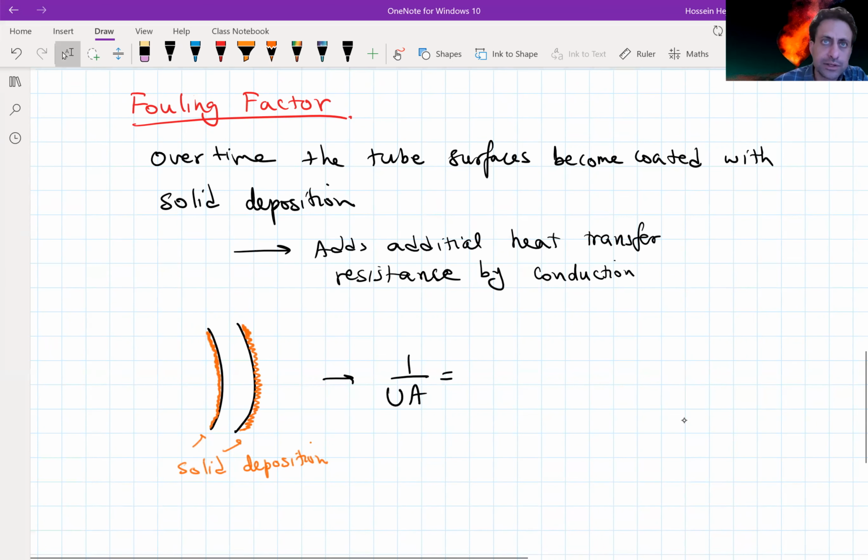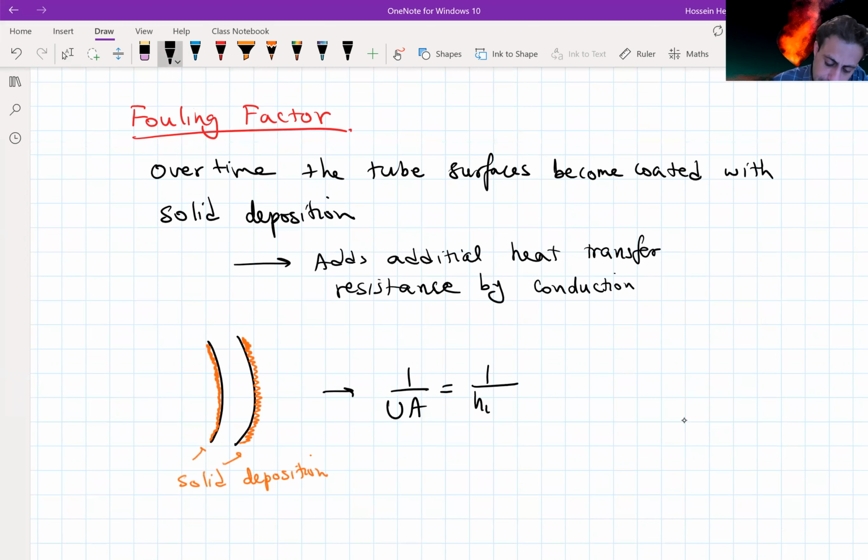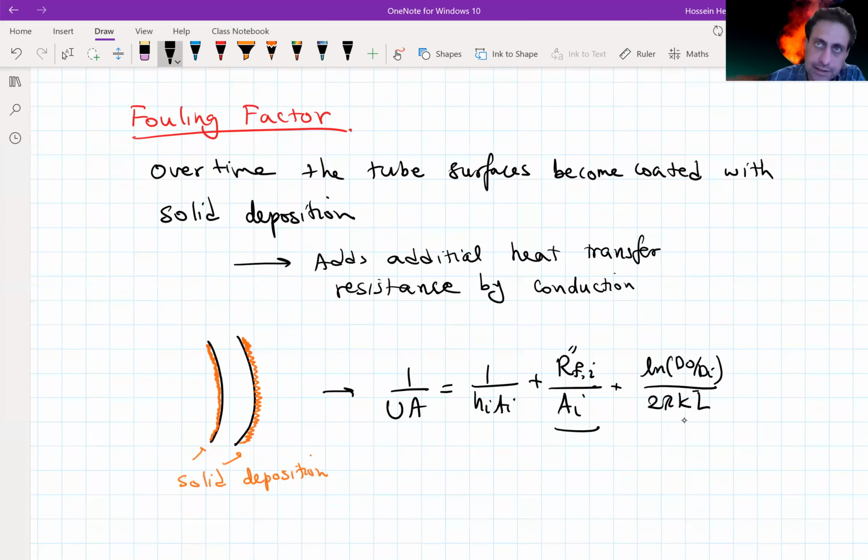So 1 over UA is going to be 1 over hiAi plus R double prime f,i over Ai, which is the resistance because of the fouling on the internal surface, plus natural log of Do over Di over 2 pi kL, and then another fouling resistance on the outside, R double prime f,o over Ao, plus 1 over hoAo.